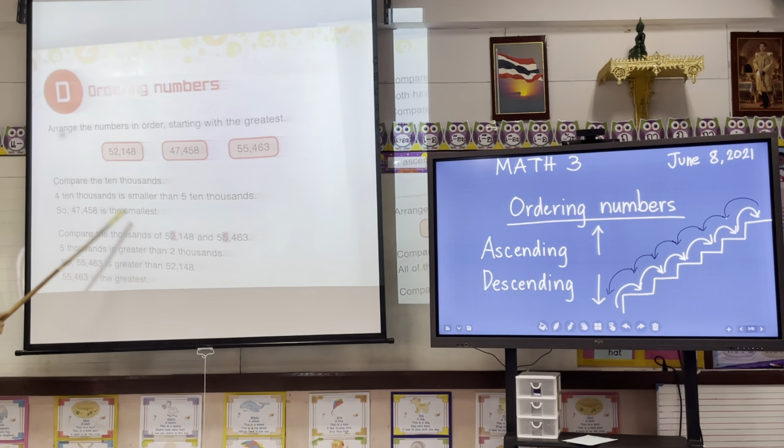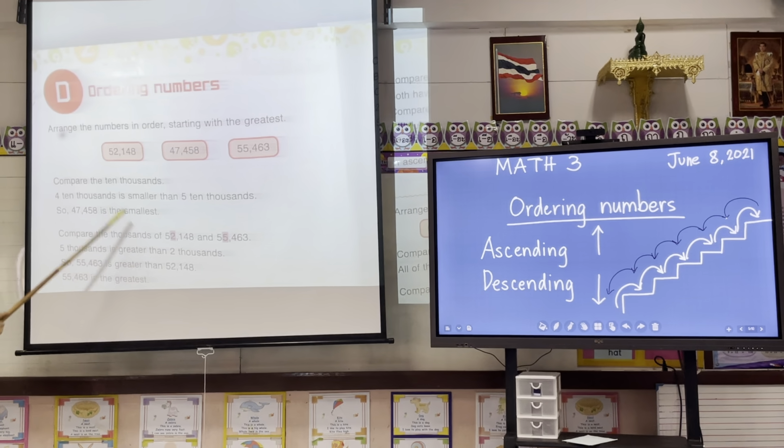order, we start from the smallest. So from the smallest number to the biggest number. Ascending, smallest number going to the biggest number.